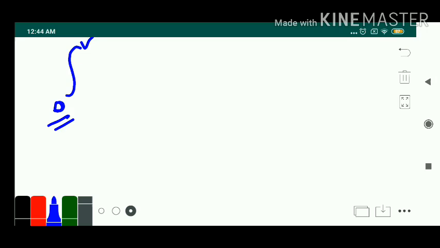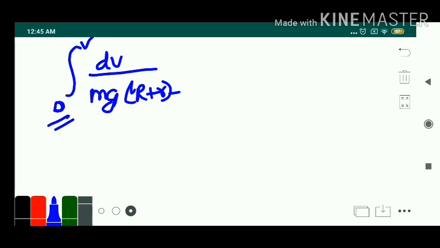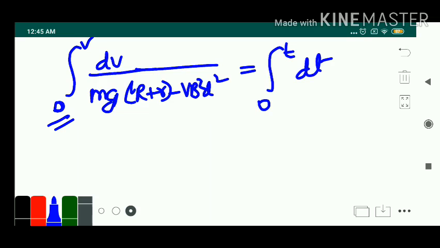In this question, the initial velocity was 0. So dv, and the v term comes downward here, capital R plus small r minus v B squared L squared, that was in the numerator here, is equal to the integral of dt, from 0 to t, and the new denominator is having M times R plus small r.